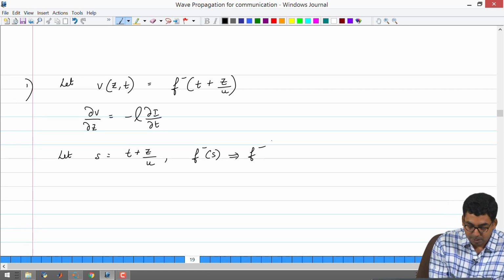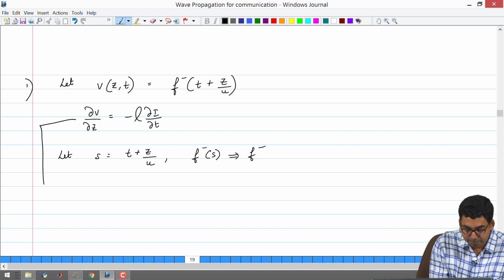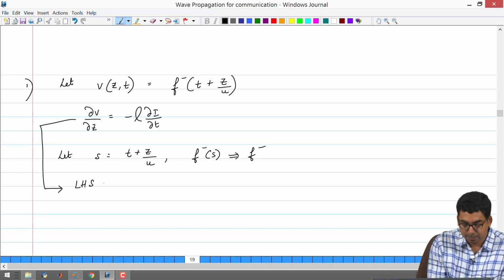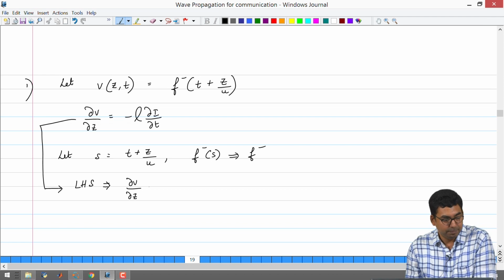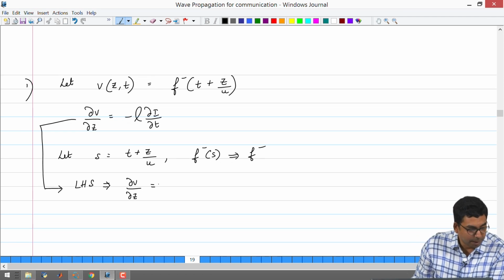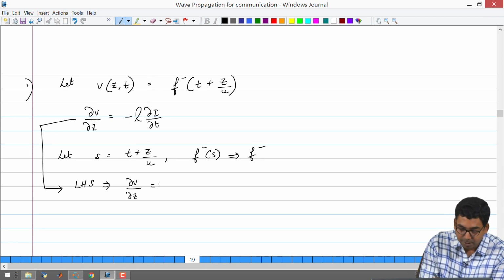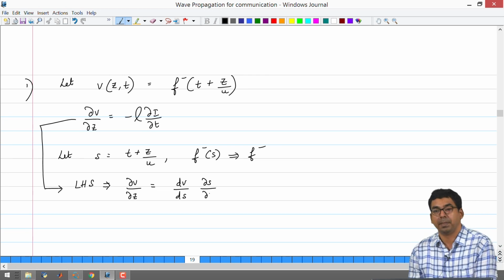Now let us take the left hand side of the telegrapher's equation. I have dou v by dou z. I can write this down as dv by ds and dou s by dou z.